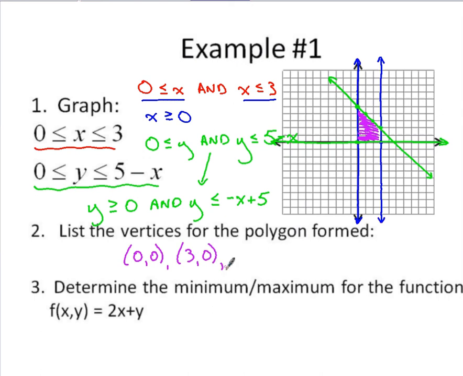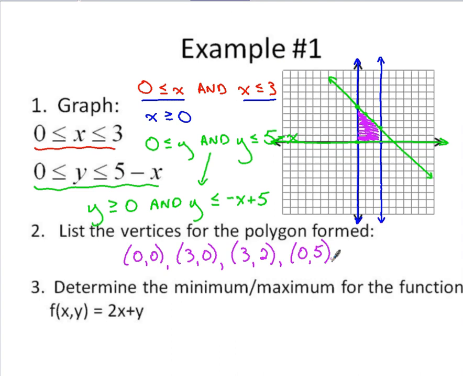Had a point of intersection up here between the vertical line and this line that had the slope of -1. That ordered pair at that point would be 3, 2. And then at this point up here, that's my y-intercept. That was 0, 5, right? So that's what the list of the vertices of the polygon would look like.